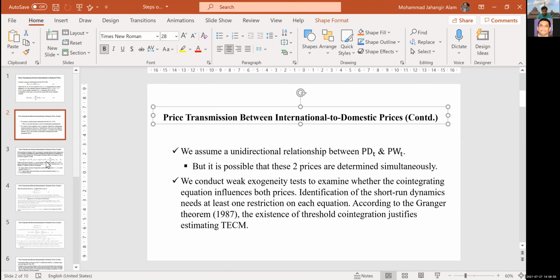In this PowerPoint, I'm explaining the different steps and theories. We conduct a weak exogeneity test to examine whether the co-integrating equation influences both prices.